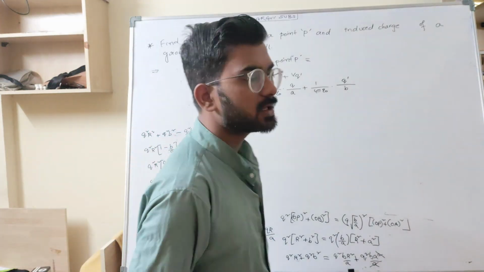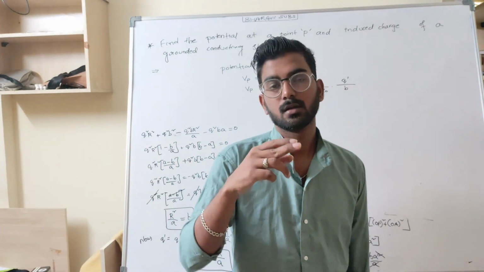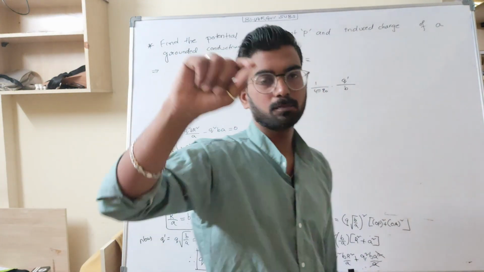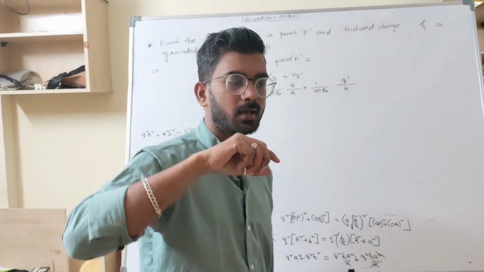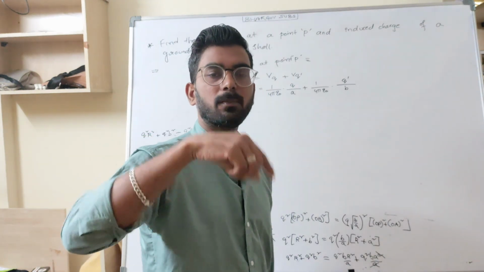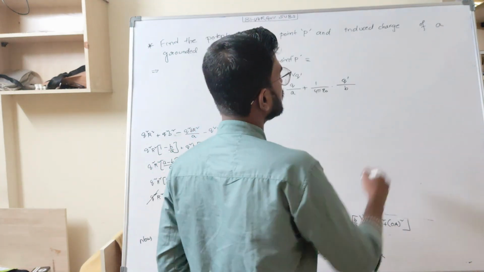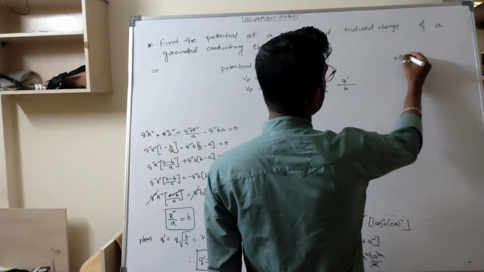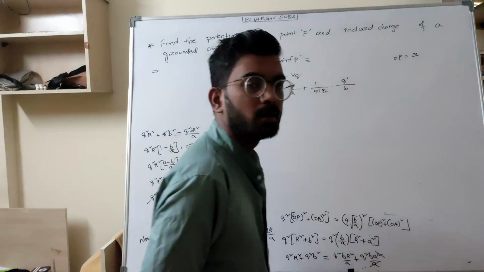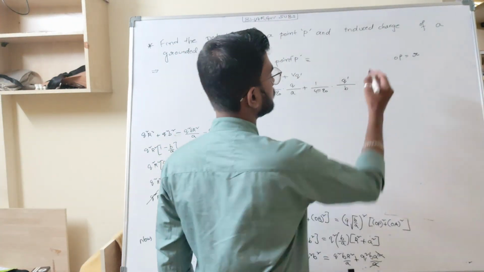Again, I am taking an unknown distance now, keeping the point at a certain distance. So OP is now equal to small r.